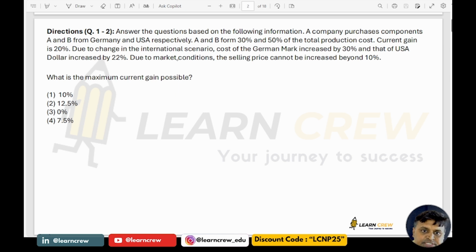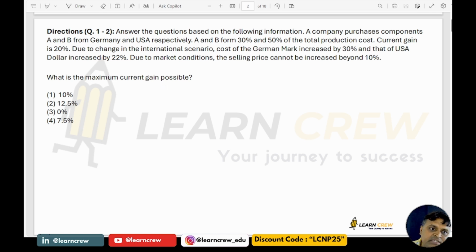Due to a change in the international scenario, cost of the German mark increased by 30% and that of USA dollar increased by 22%. Due to market conditions, the selling price cannot be increased beyond 10%. Now, what is the maximum current gain possible? This is the question.